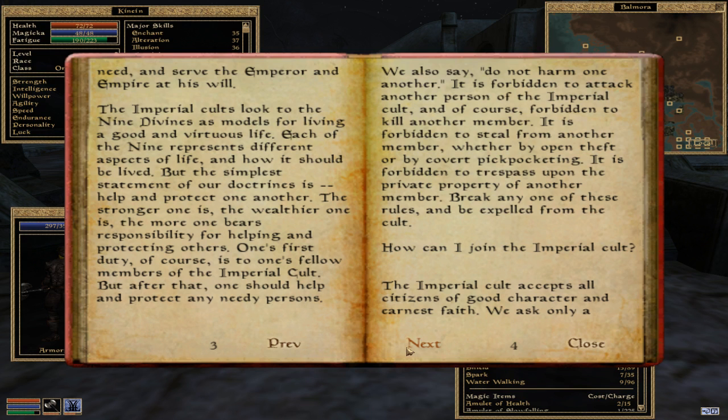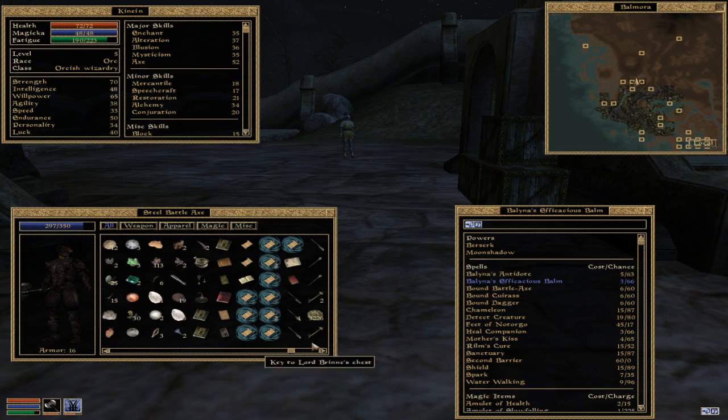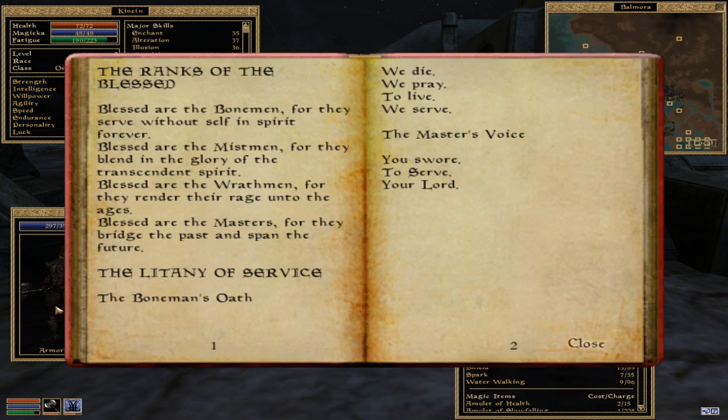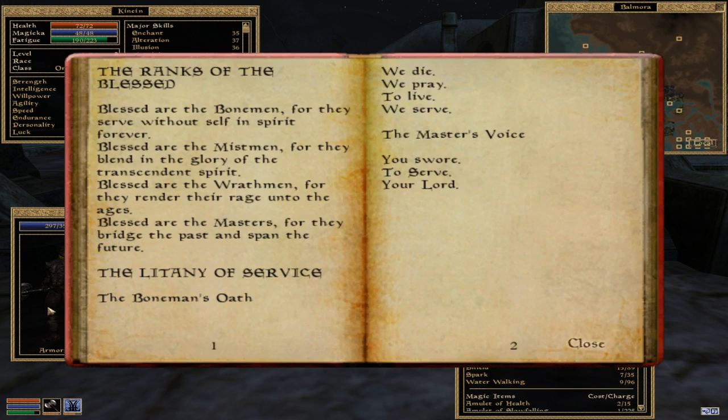I believe that we read this before. So, what is the new book for us? This one is Book of Life and Service. What is this? I'll read it. Yeah, let's read it now.